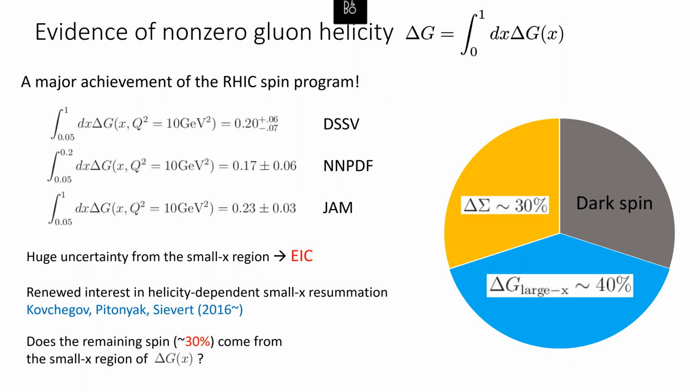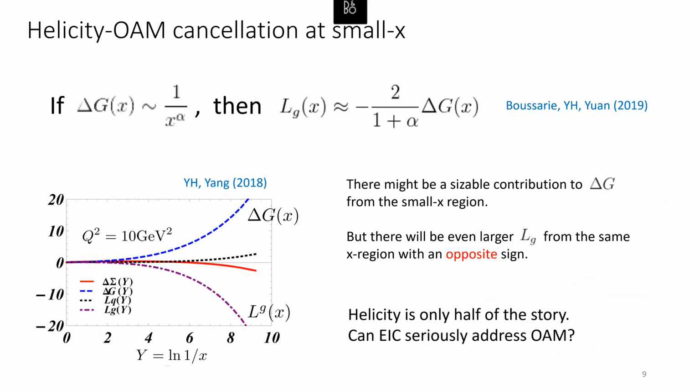My last question, a naive question, is: you mentioned the delta G and the LG will cancel with each other. If so, why will they cancel for the small x part of the delta G and LG?